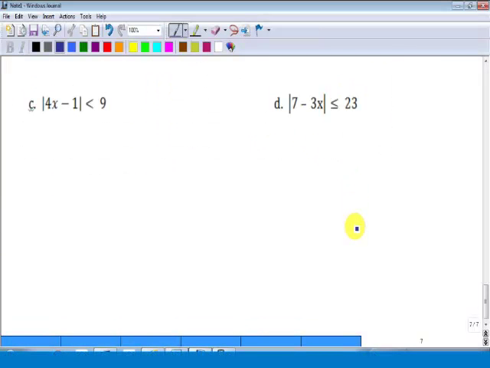A little bit more going on. Oh, do we need both of these? Well, the key thing is step 1. Step 1. If 4x minus 1 has absolute value less than 9, 4x minus 1, what can you say about it?